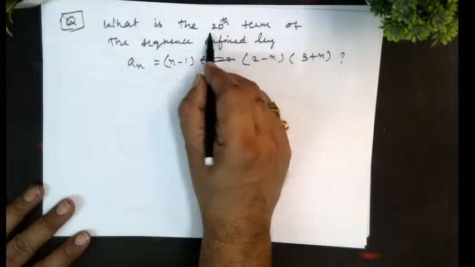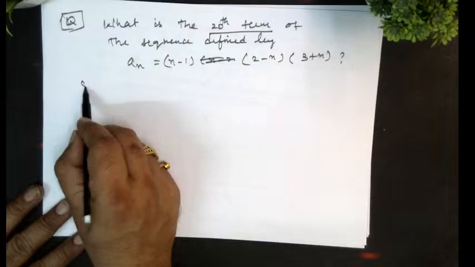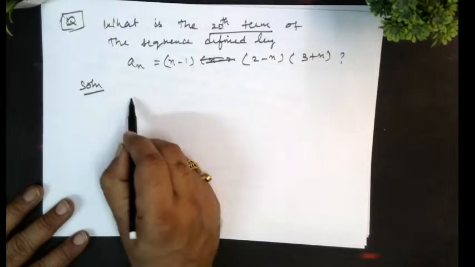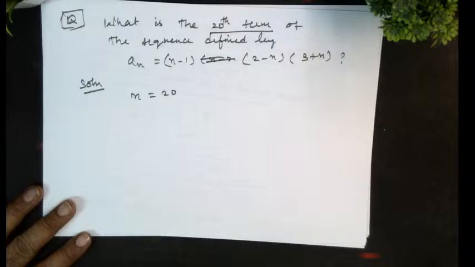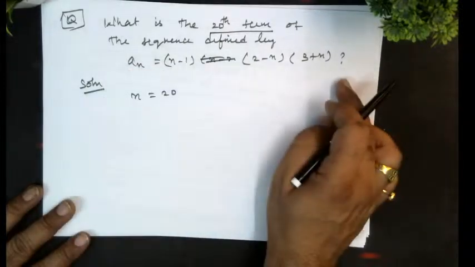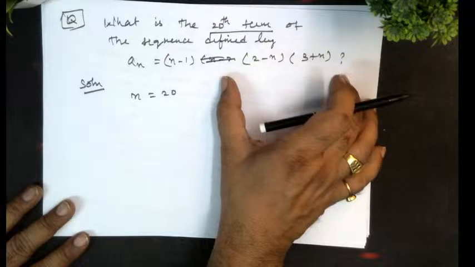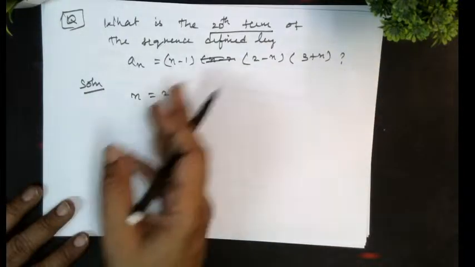So it is given the 20th term. Therefore, n is equal to 20, right? And the expression is also given. The sequence is defined like this. So from this we can substitute.